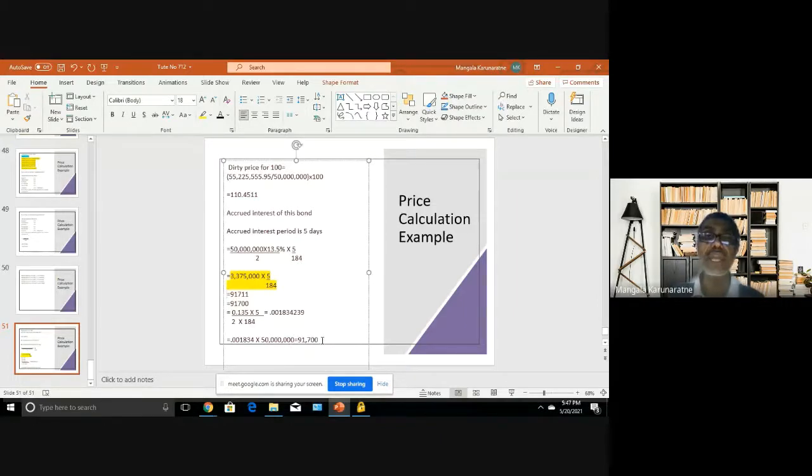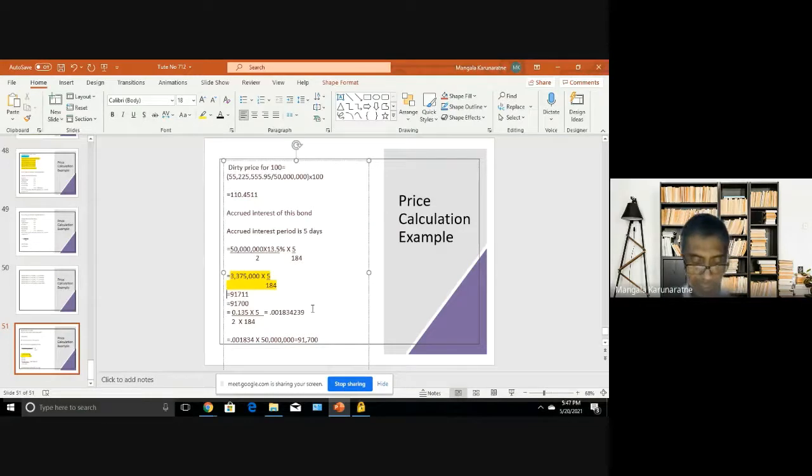So you get 91,700. So there's an 11 rupee difference. If you want to use manual work in day-to-day activities, you can use this. But for examination purposes, this is also fine, because due to the decimal places adjustment, you get 11 rupees difference in these two answers. So that is the accrued interest calculation.